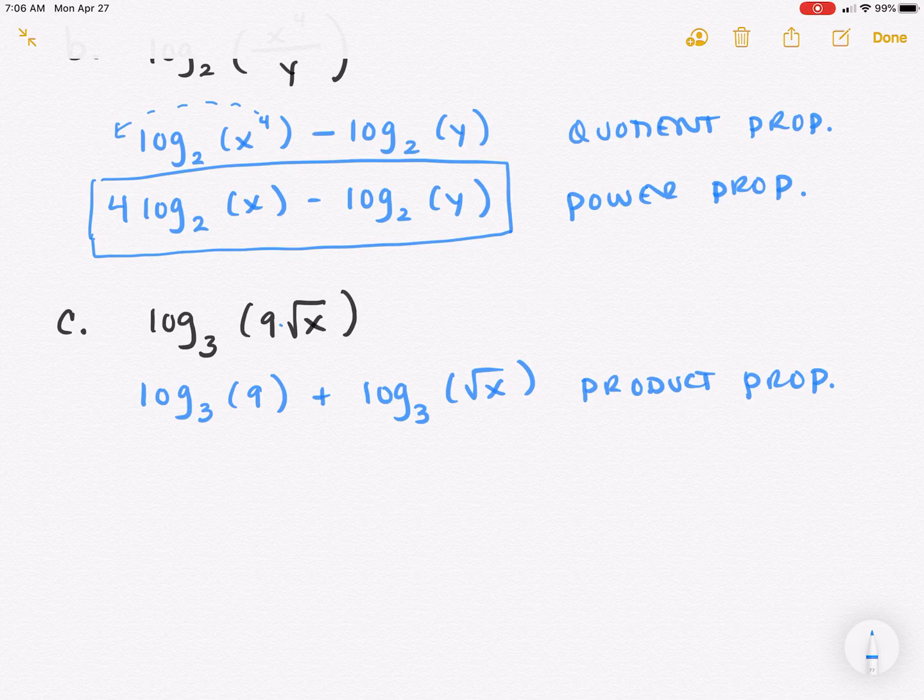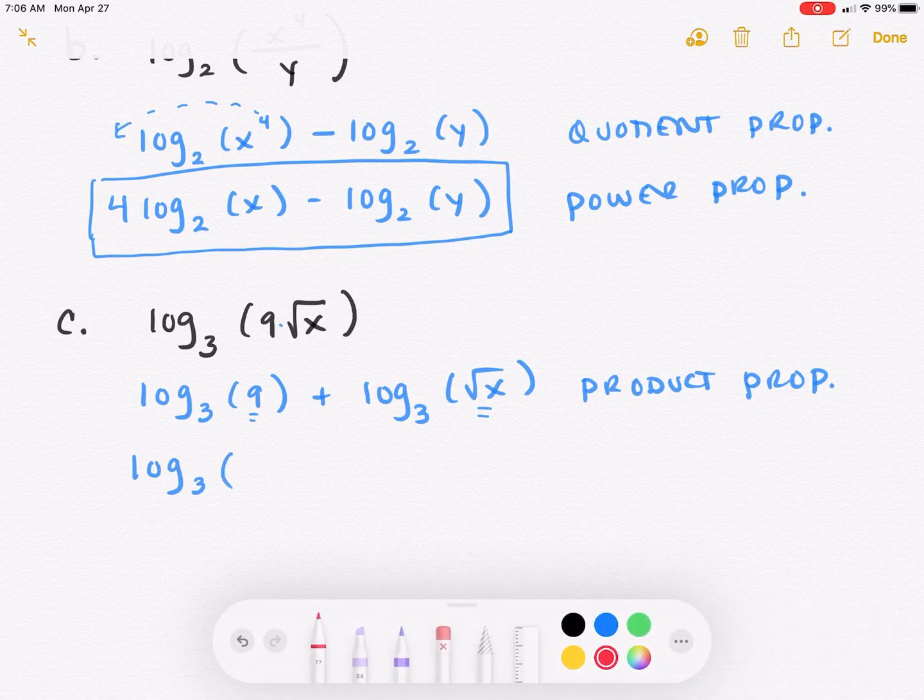Now, you could probably look at this and feel like you're finished, but the numbers that I have given you could be rewritten as a base to an exponent. And if that's ever possible, we should keep going and replace the 9 with a 3 squared, because if we can write it with an exponent, then I can do more with this, okay? Well, how can we rewrite the square root of x? Well, we could rewrite it as x to the 1/2.